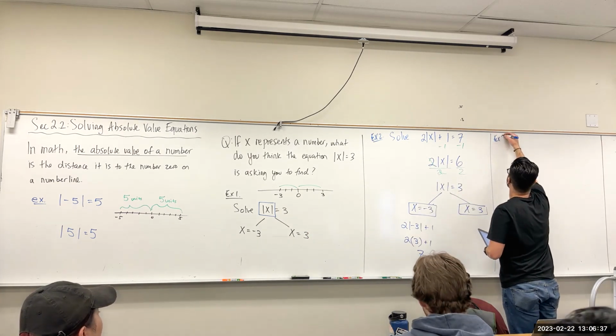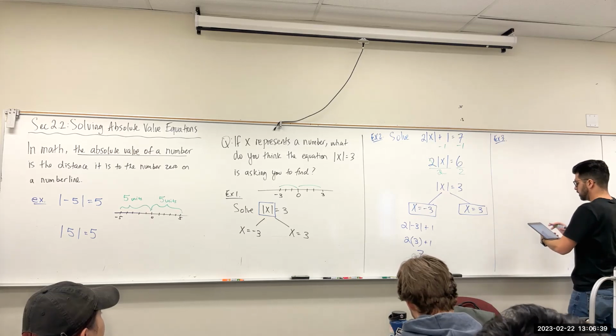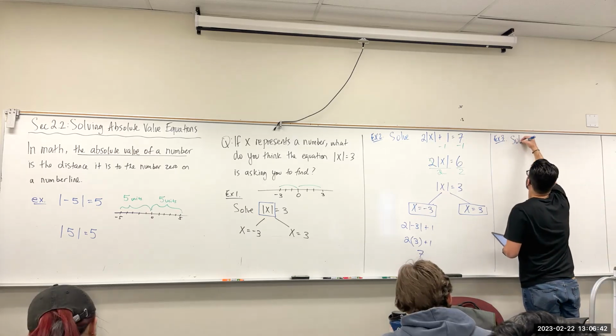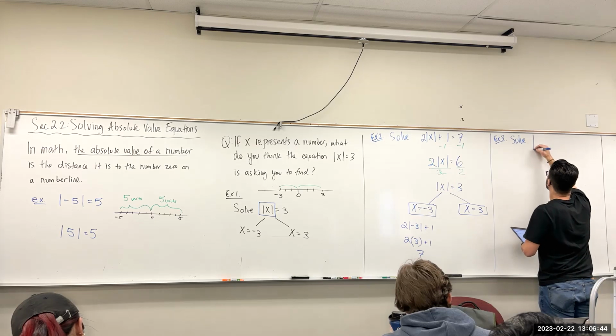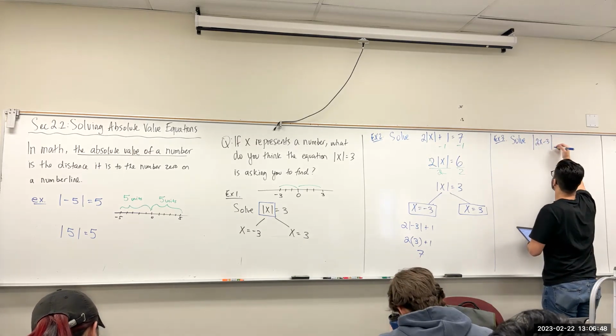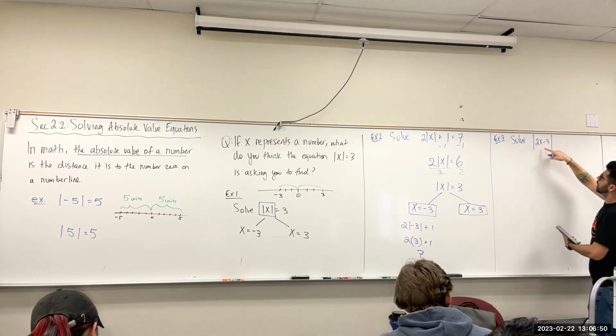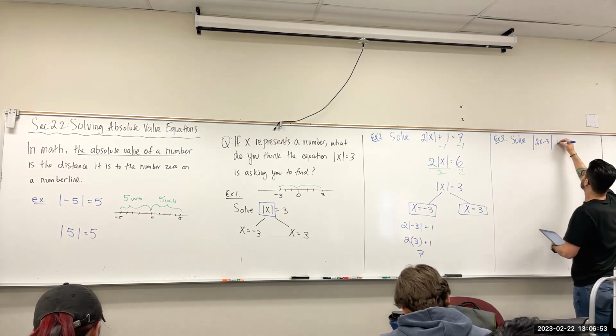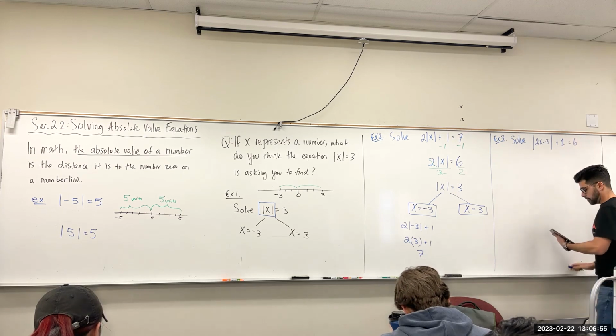Okay, so here's example 3. So now let's say we have solve the absolute value of 2x - 3. So now I don't have just x inside the absolute value, I have a whole expression. +1 is equal to 6.